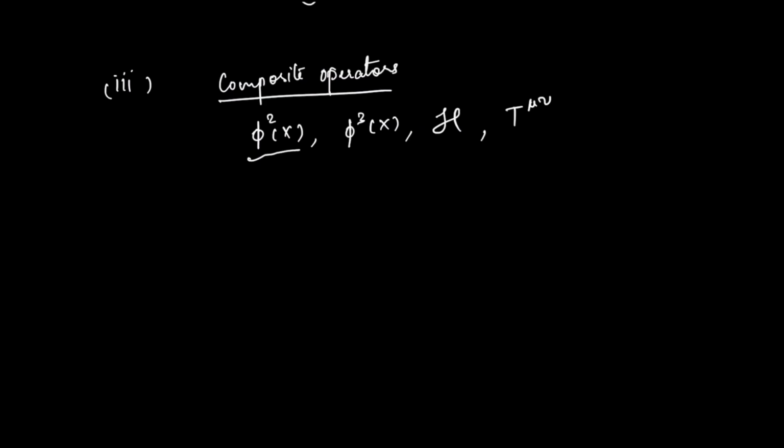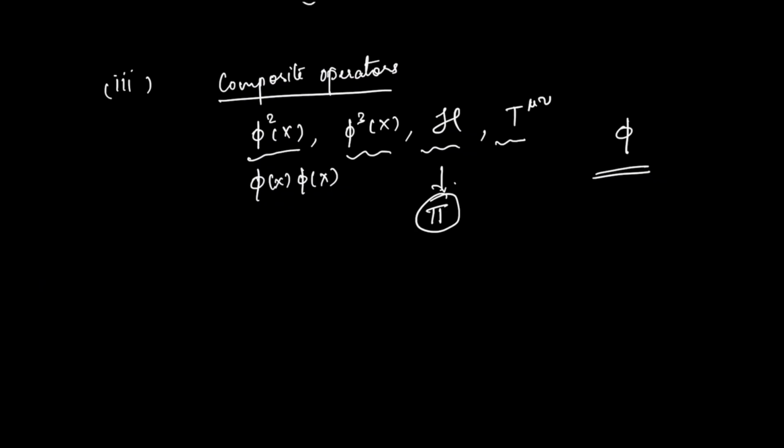All of these involve some product of phi. So here phi square means what? Phi of x multiplied by phi of x. So all these composite operators have phi in some form of product, or its canonical momentum. For example, here you have pi also, phi dot also. So either you have some product of phi or its canonical momentum.